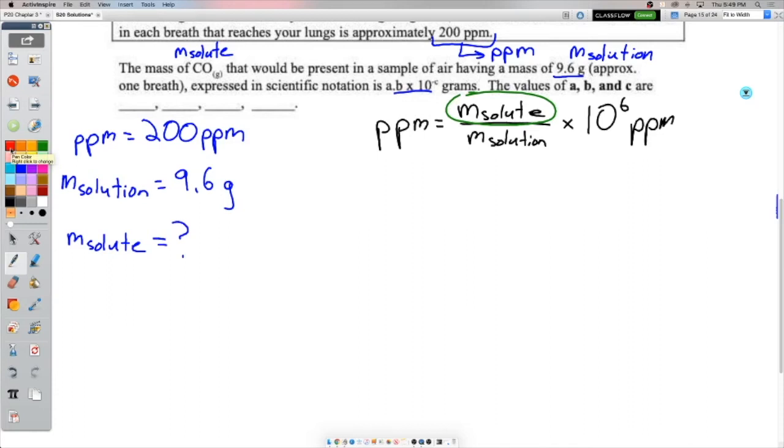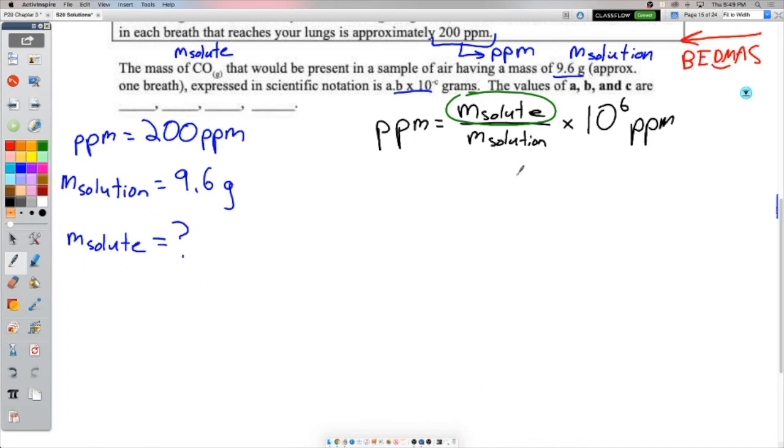To do that, we have to undo whatever is in the way, whatever is stopping it from being alone. So that's these two things here in this case. It's being divided by M solution. It's being multiplied by a million ppm. Again, if we follow our reverse order of operations, our backwards bed mass, our SAMDEB, then division and multiplication are kind of lumped together.